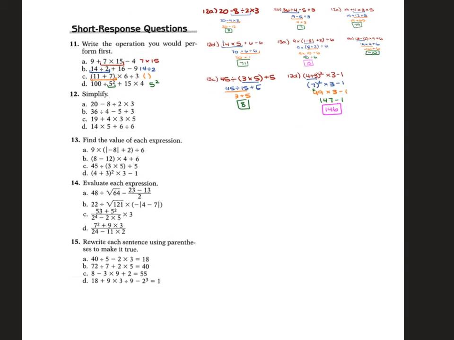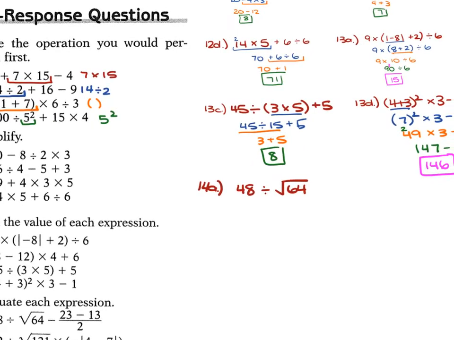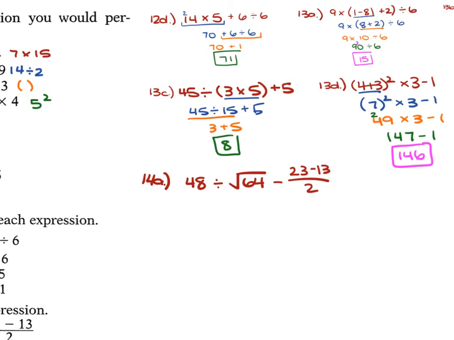For 14a, we have 48 divided by the square root of 64 minus 23 minus 13 all over 2. Okay, so parentheses, no. Exponents, no. We do have that radical. We do need to simplify that radical.